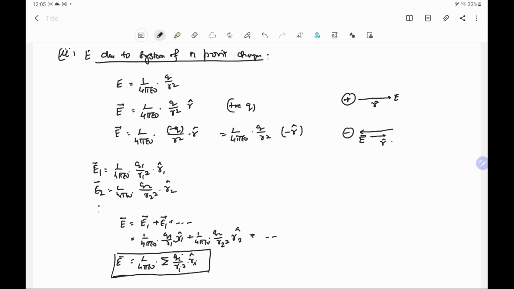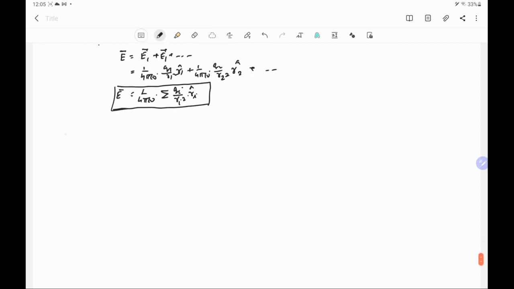Next case we will take, in which we have to find the electric field due to a continuous charge distribution. There are many cases in which charge is distributed on a body which are continuous in nature.